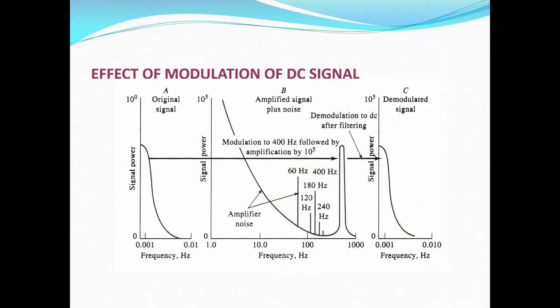The effect of modulation on DC signal I have shown here, and you can study this for different wavelengths that are required. Here I have shown the original signal on the left side, the amplified signal and noise, and the demodulated signal also. You can see that a lot of problems associated with the amplified signal and noise are removed in the final demodulated third part, that is, in the signal.